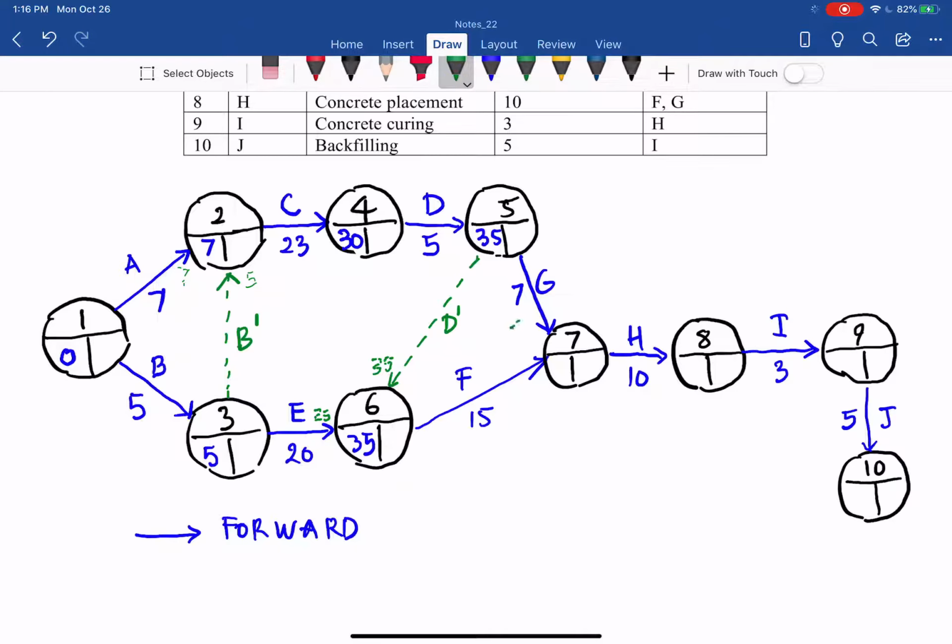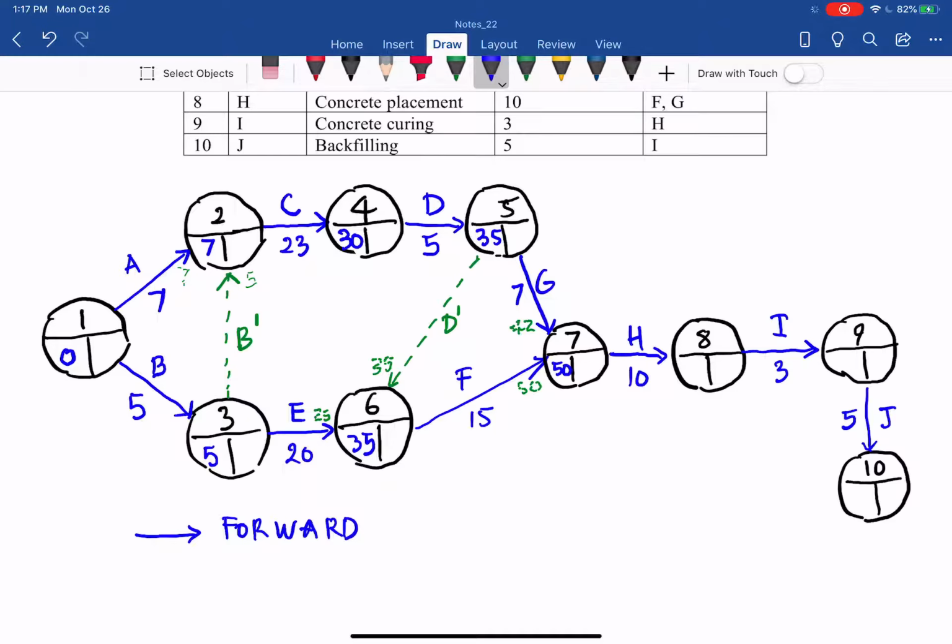Similarly, node 7 has 2 arrows getting in, so 35 plus 7 gives 42. Then 35 from node 6 to event 7, plus the duration of F, 15, gives 50. The maximum of 42 and 50 is 50.